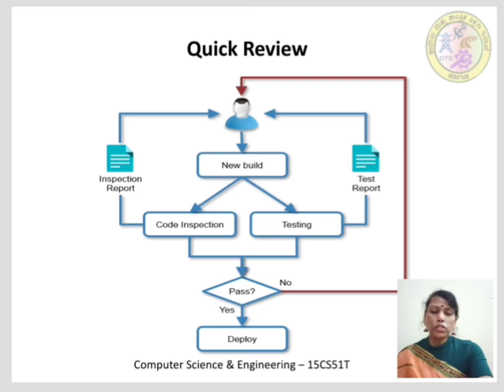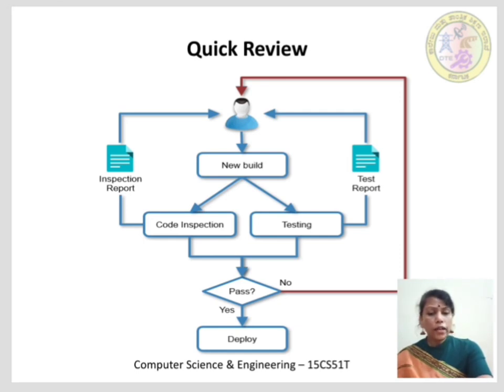Where code inspection is a static technique for defect detection, testing is a dynamic technique. In code inspection, defects are detected through a manual process by checking the code line by line. An inspection report is generated once the code inspection is done.